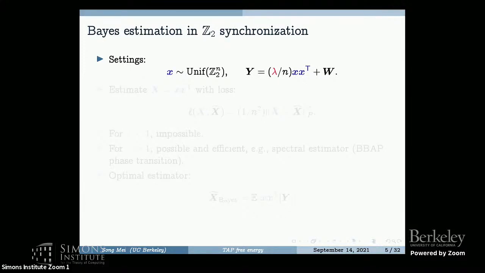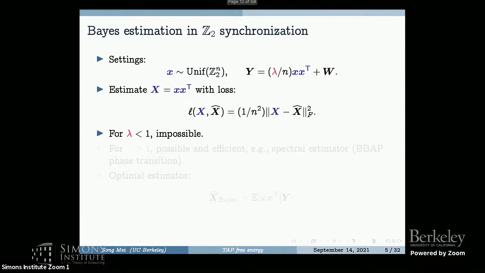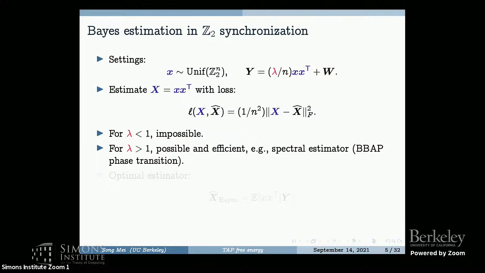Let's say we look at squared loss and ask what the best estimator can do. For lambda less than 1, this is information-theoretically impossible. This is an established result. For lambda greater than 1, estimation is possible and efficient; we can just use a spectral estimator. This is called the BBP phase transition.